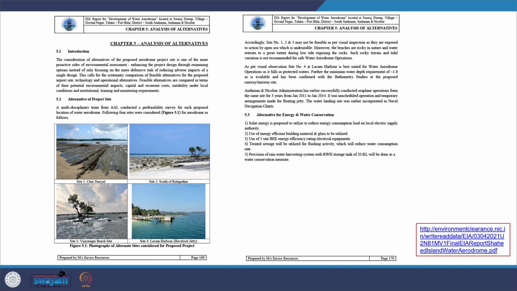The next alternative which they looked into was alternatives for energy and water conservation.